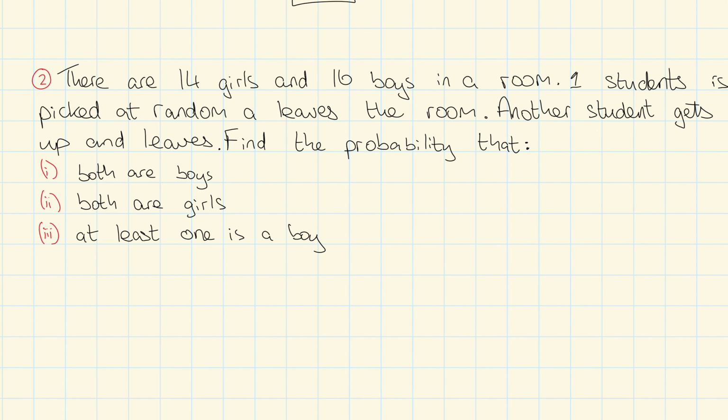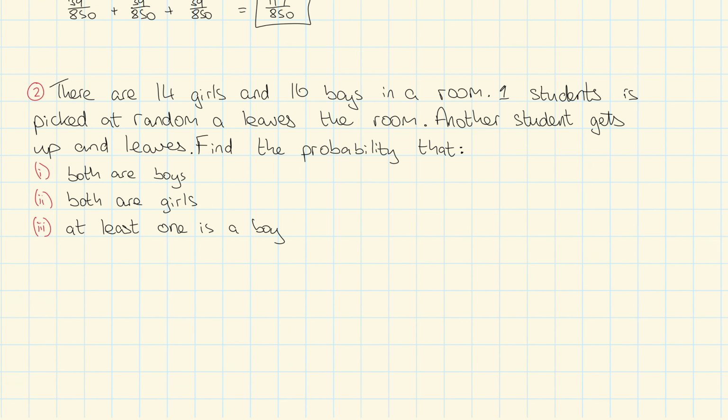Example 2 now tells us 14 girls and 16 boys in a room. One student is picked at random and leaves the room. Another student gets up and leaves. So there's successive events. Find the probability that both are boys. So 14 and 16 tells me 30 students.